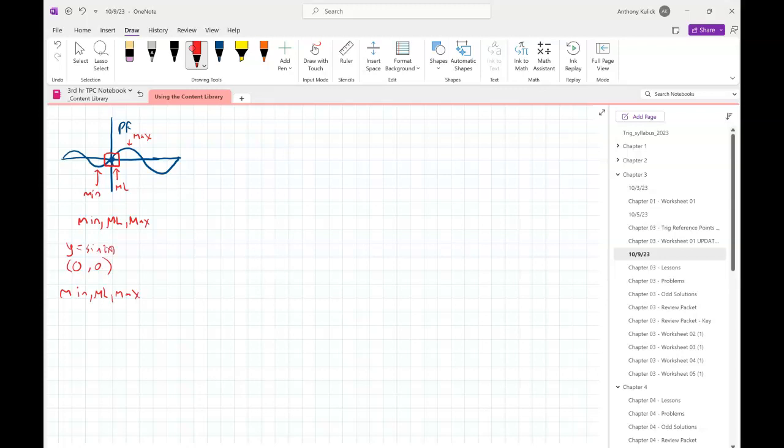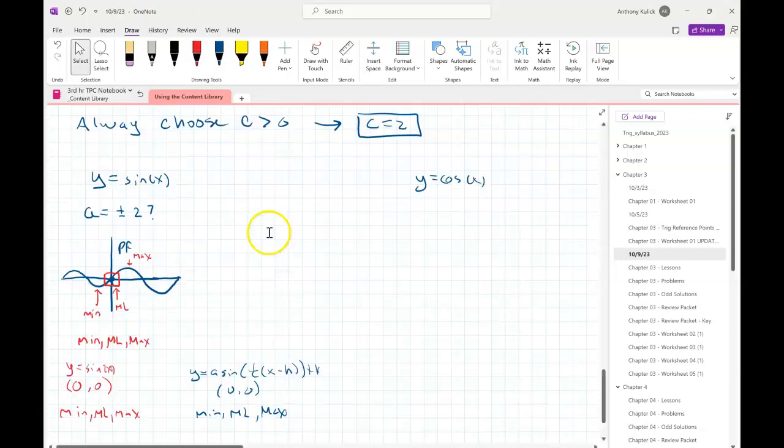So for my parent function sine, (0, 0) is a midline point with a minimum that comes before it and a maximum that comes after it. For our transformation, (0, 0) is also a midline point. A minimum comes before it, a midline comes after it, and a maximum comes after it, correct? Is that what we saw?